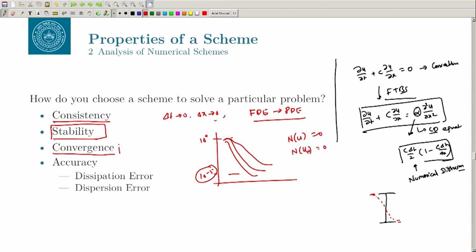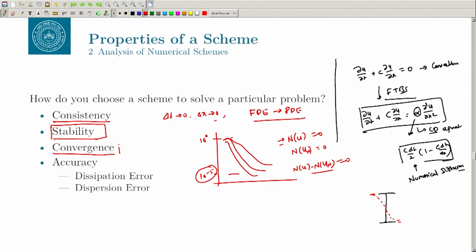So, you want to see the difference between the two. This convergence is nothing but the difference between Nu and Nu n for different variables, for different equations. This may be your continuity equation, momentum equation or energy equation. You are looking at the difference between the two, and when it goes to a certain level, you say that it is converged.